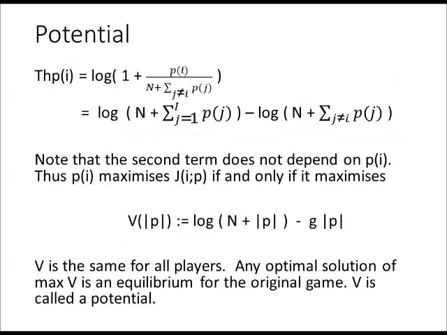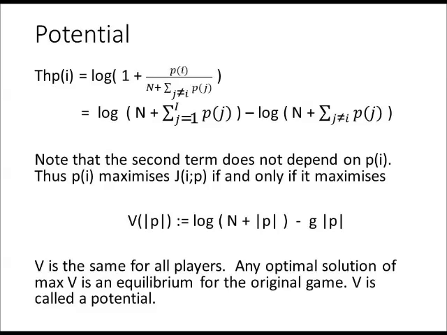The second step is obtained by writing the logarithm of a fraction simply as the difference between the logarithm of the numerator and that of the denominator. And then we observe that the logarithm of the denominator does not depend on p_i.